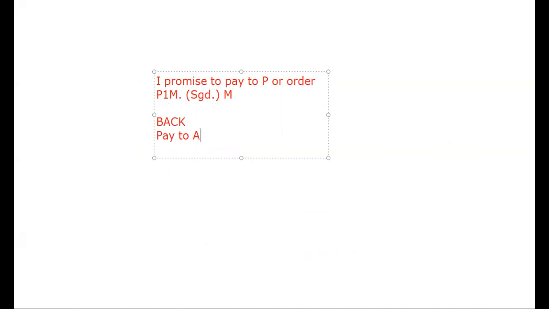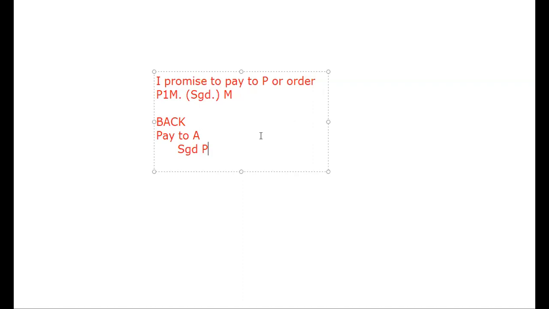Pay to A, signed P. Okay, si P, ito, yung payee natin. Was there proper endorsement? Obviously, may proper endorsement. Bakit? It has been in writing, it's placed at the back of the instrument, it has been signed, and it is an endorsement of the entire instrument. Okay, endorsement of the entire instrument. So yung buong 1 million, yun ang naibigay kay A.